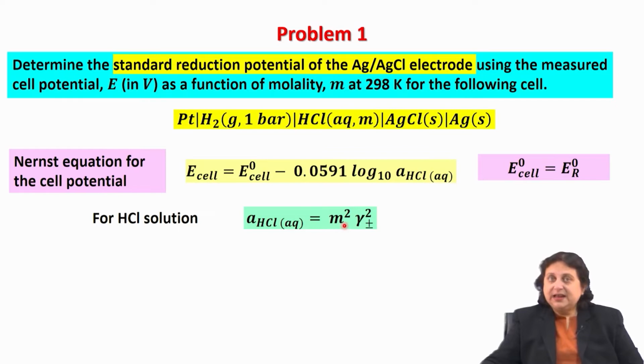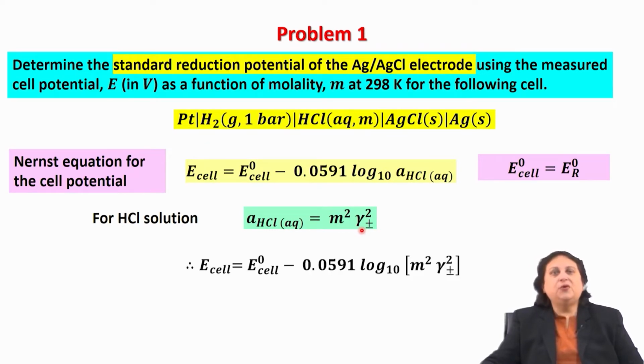As we have seen, m is the molar concentration of HCl in the aqueous medium, and gamma plus minus is the mean activity coefficient of the electrolyte in water.